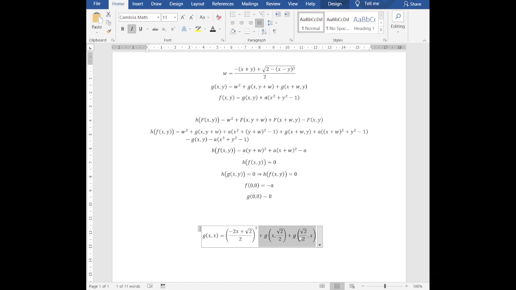However, that doesn't prove or disprove the existence of one. This did get rid of every instance of w quite neatly.